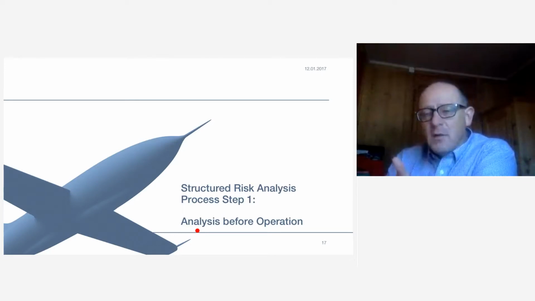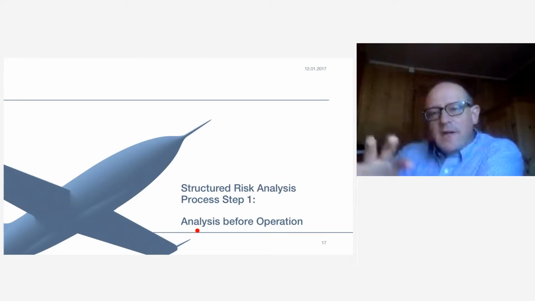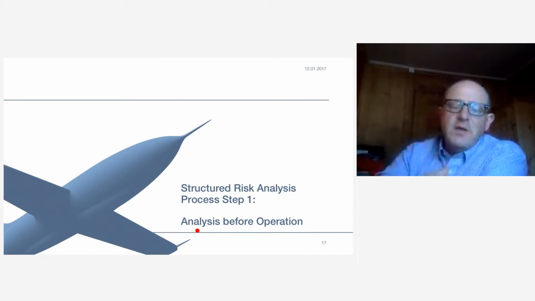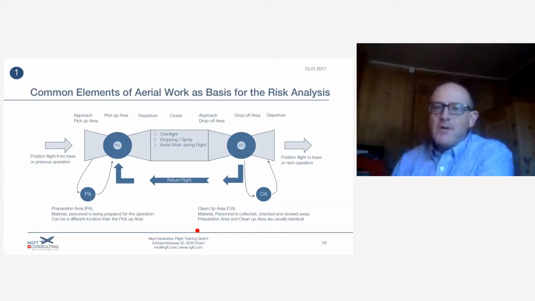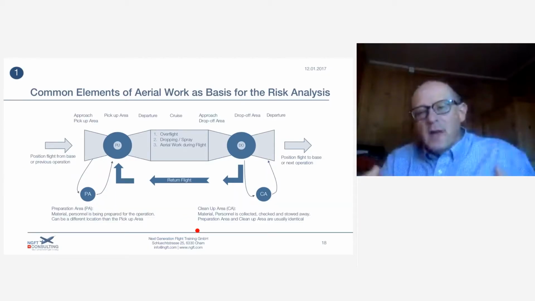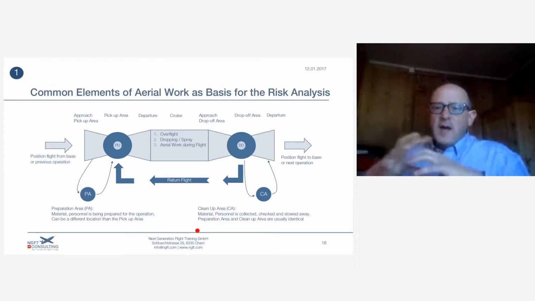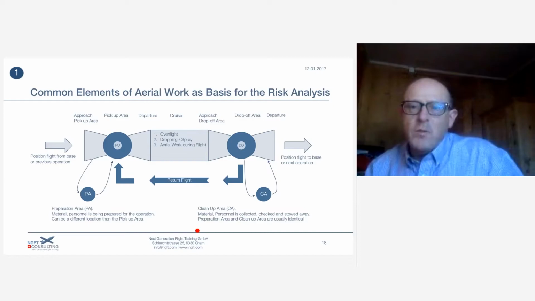All right, so let's now go through each step, what we can do. Obviously, you already know quite a lot of things about that that you already do in your operation. When we look at aerial work, we need to have some kind of common model for our risk analysis. So we have this kind of framework that we can work with.